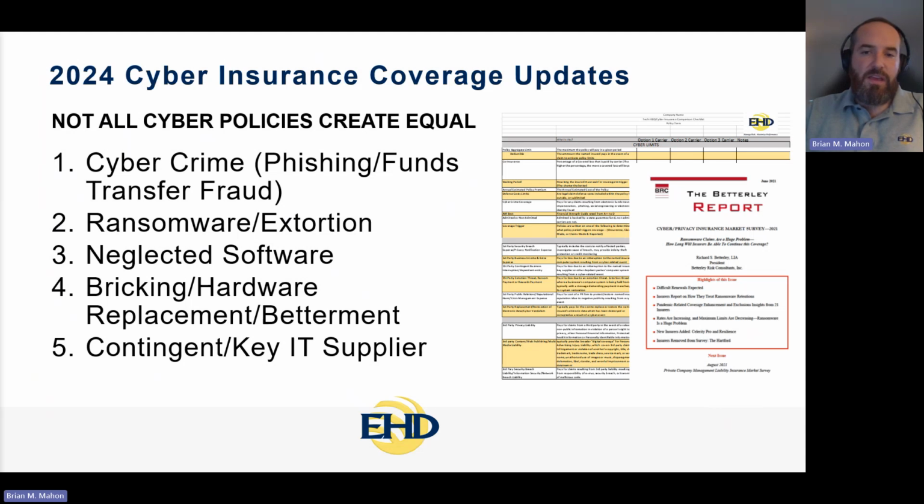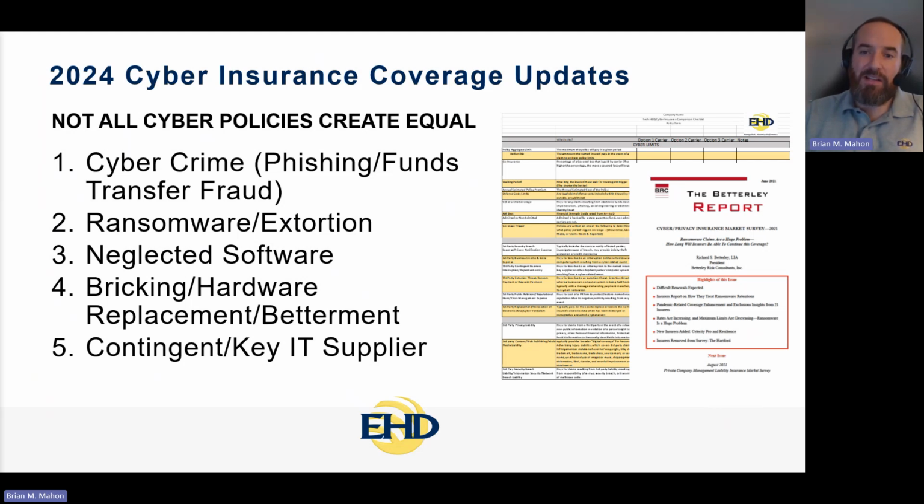Some things that they get really funky with are the things that will actually happen, of course. If you have a $1 million cyber insurance policy, you might have 0 or 100,000 or maybe 250,000 of that for cyber crime, phishing, funds transfer fraud, computer fraud type of coverage. Same with ransomware extortion. You might have lower limits or co-insurance or a sub-limit. I see this all the time. Some nasty carve-backs baked into policy details.